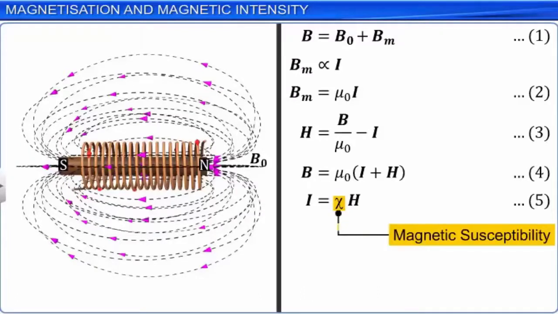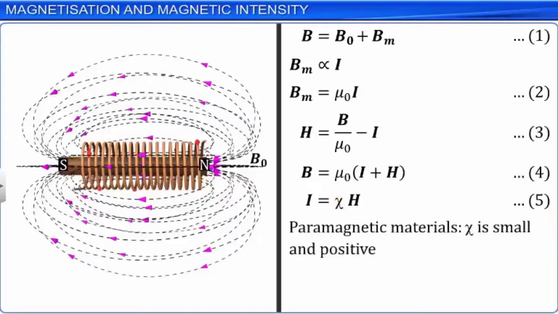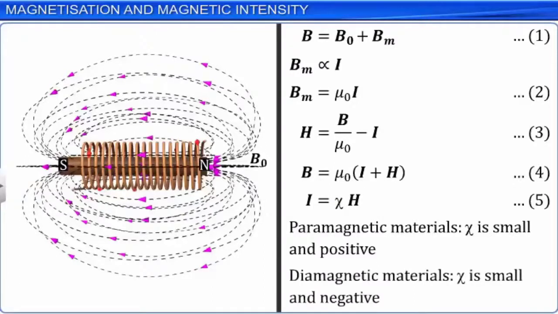Substituting equation 5 in equation 4, we get the total magnetic field inside the material, B = mu0 (chi H + H). That is, B = mu0 (1 + chi) H. Let this be equation 6.